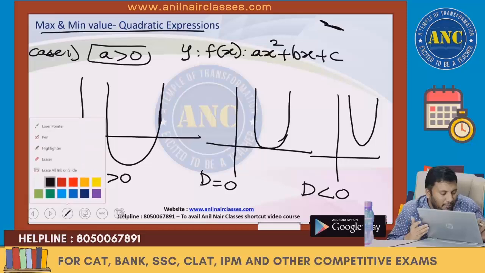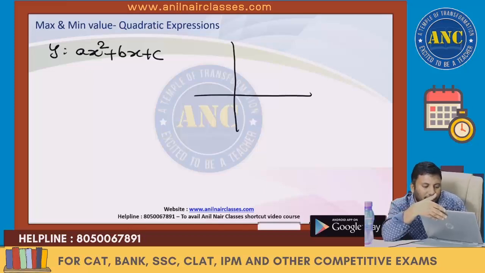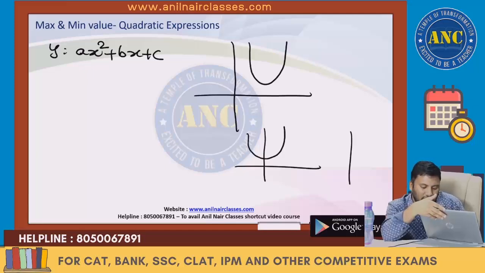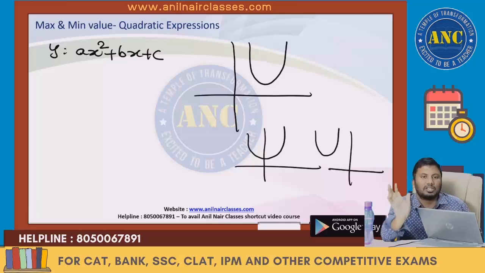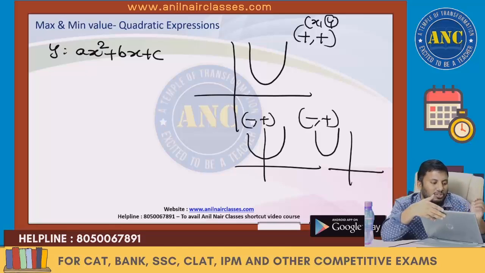Very, very important point. Please write down. Y is ax square plus bx plus c. What is the graph? The graph can be like this, or like this, or like this. In all the cases, y is positive.